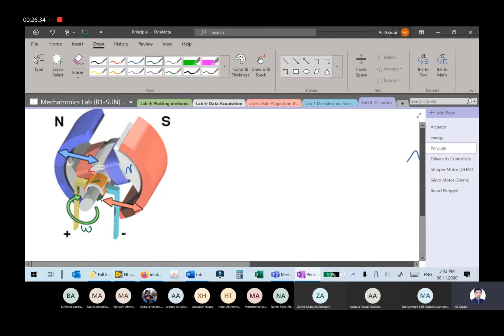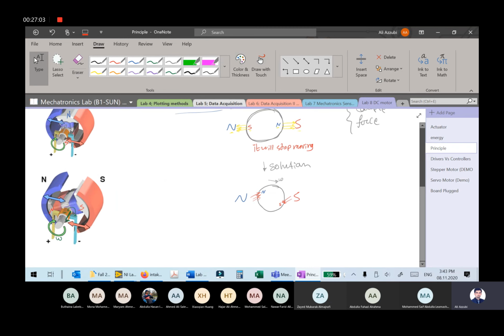But after some time, this will be connected here. Okay, so after some time, this will jump here because of this opening, and it will become negative instead of positive. So this will become negative and positive. This means automatically this will become south, and this will become north. Okay, sure.